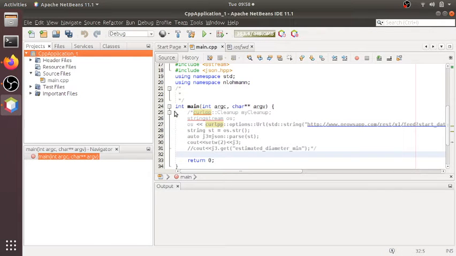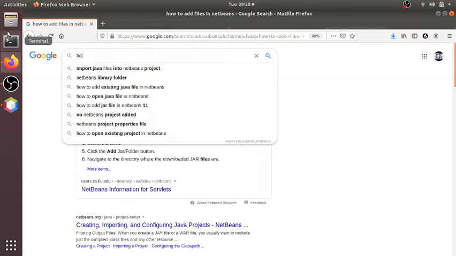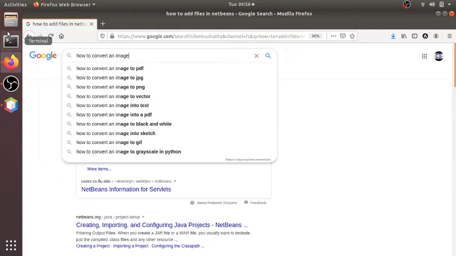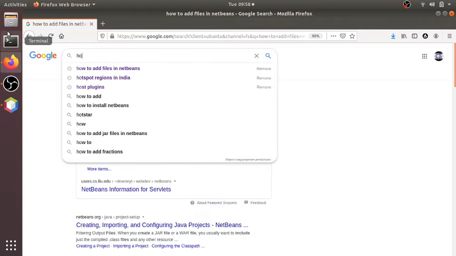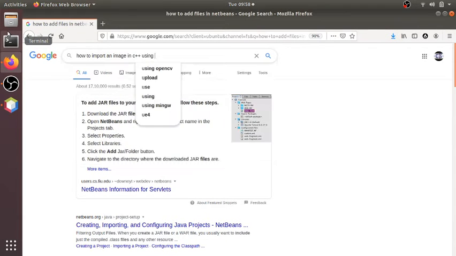Okay. Hash, so it needs to be parsed. How to convert, and I have done this actually before. How to import an image in C++ using OpenCV.